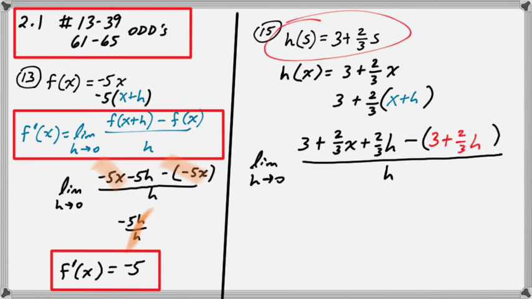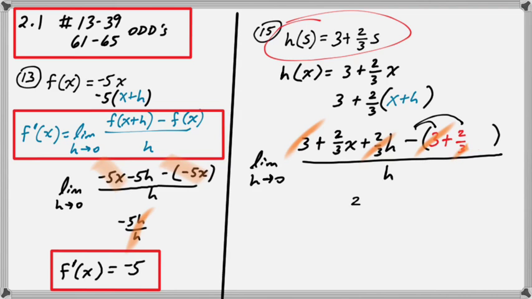Cleaning the numerator up, you get 3 and a negative 3, which will add to 0. Then 2/3 x and a negative 2/3 x, which are going to add to 0. So the only thing left in the numerator is, let's see, bear with me a second. Sorry, when I replace my original, it's not 2/3 h.